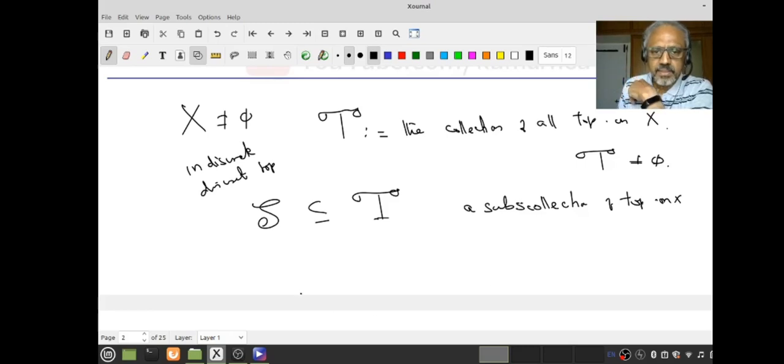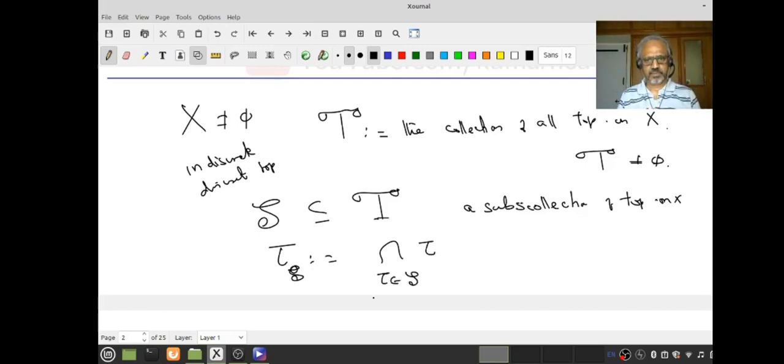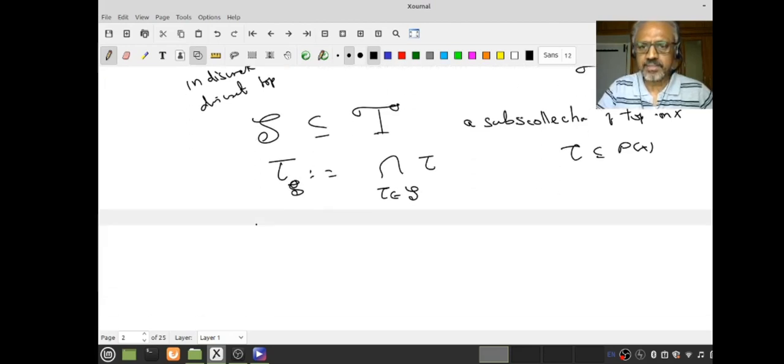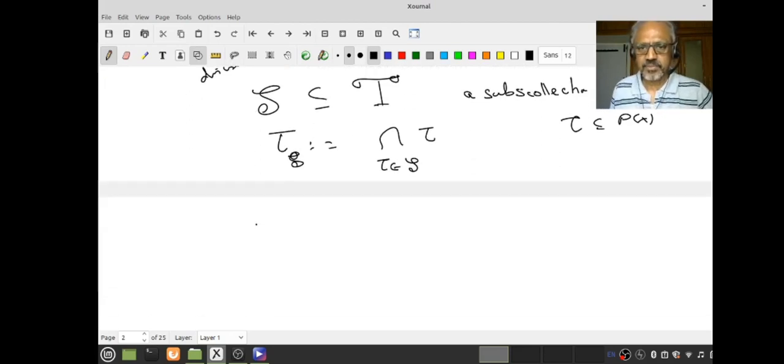Then I want to claim: let tau_S equal the intersection of the topologies in the collection S. Is that everything clear? Remember, each tau is a subset of P(X). So I look at all topologies which are in the sub-collection S and take their intersection.